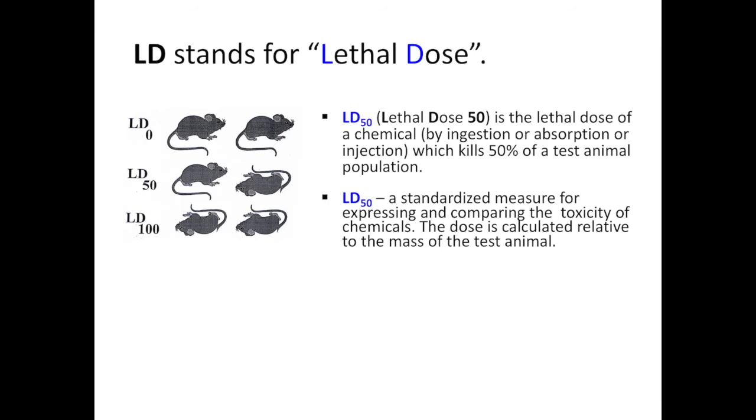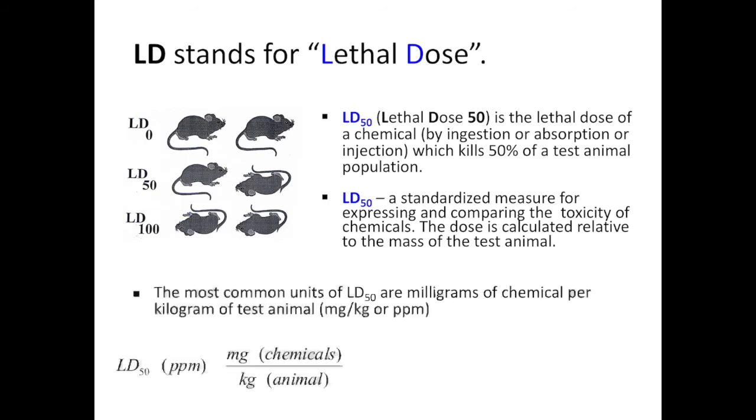And it's a standardized measure that is calculated relative to the mass of the test animal. So typically the units are milligrams of chemical per kilogram of test animal, or this is also known as ppm. There are other LD values. There are LD zeros, LD 100s, but the one that is used most often is the LD50.